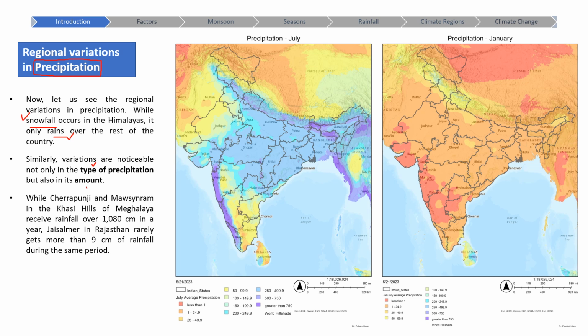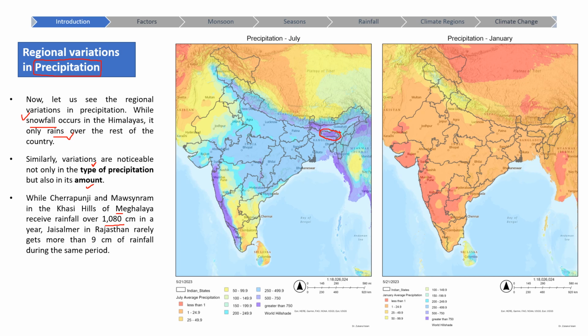And there is a huge difference in the amount also. Cherrapunji in Meghalaya receives rainfall how much? More than 1000 centimeter in 1 year. Here, this part.